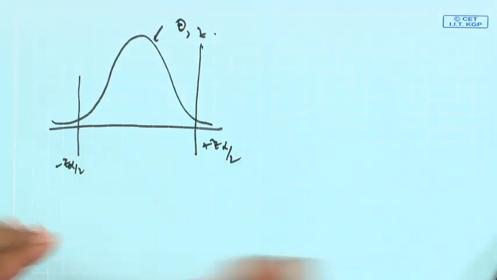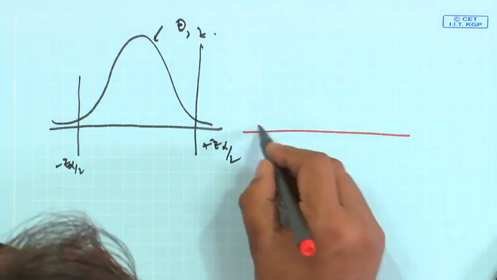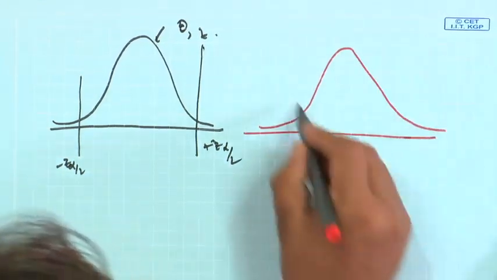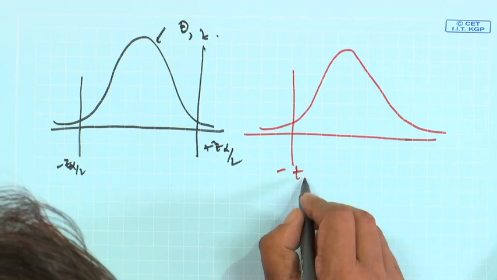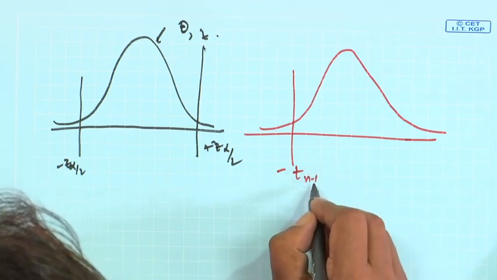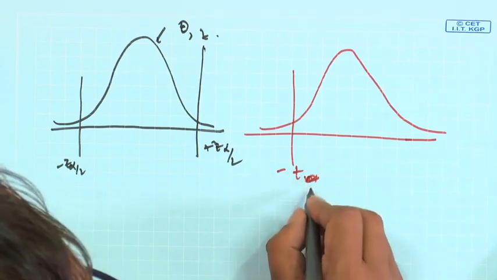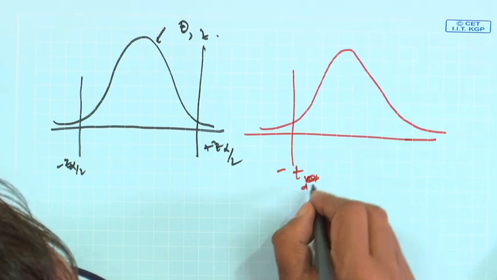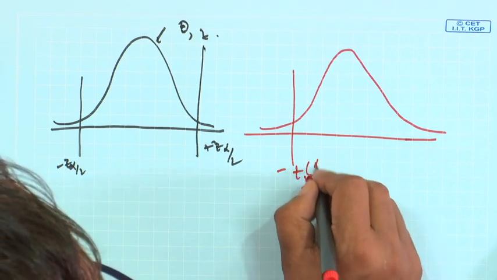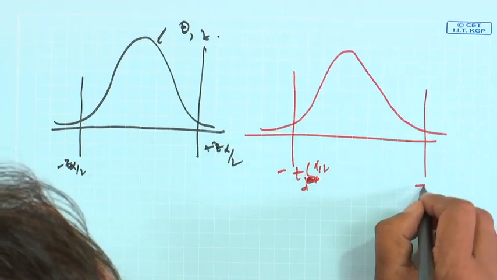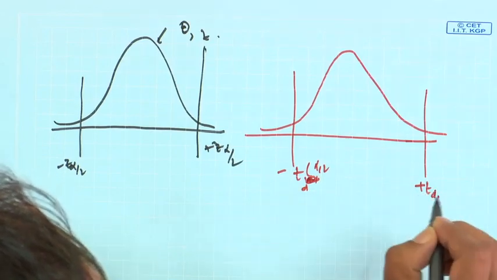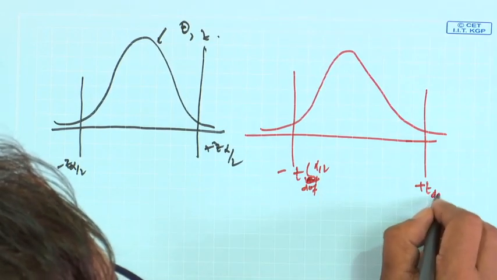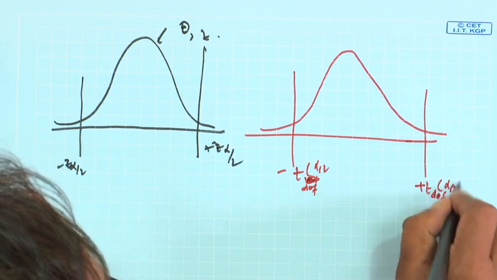If it is T distribution, then this will be minus T with degrees of freedom DOF at alpha by 2, and on this side plus T with DOF at alpha by 2.